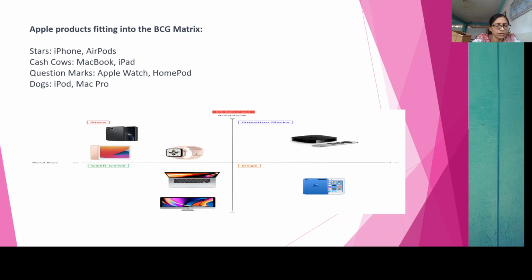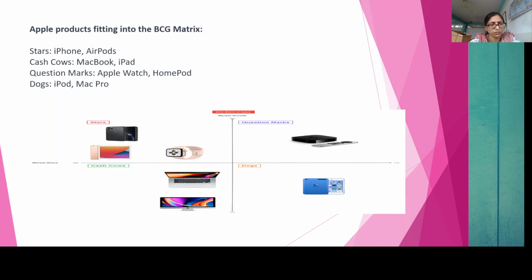So with iPod, due to the popularity of smartphones, people are not accepting iPod that way. Since it's the smartphone age, youngsters are more attracted to the iPhone, the smartphone.